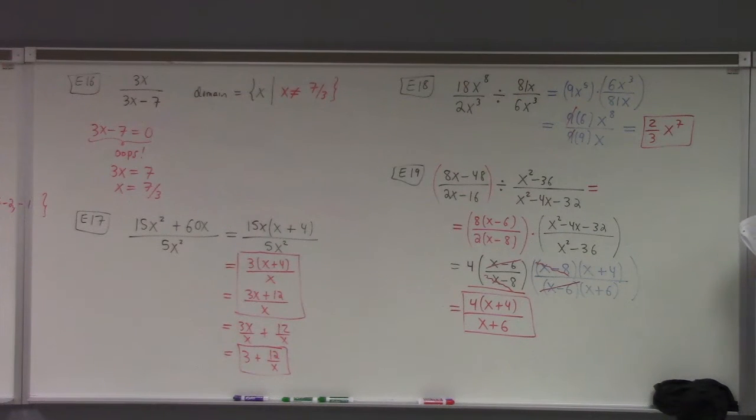The next one that we'll work will be 0.2x minus 0.4 equals 0.1x plus 6.